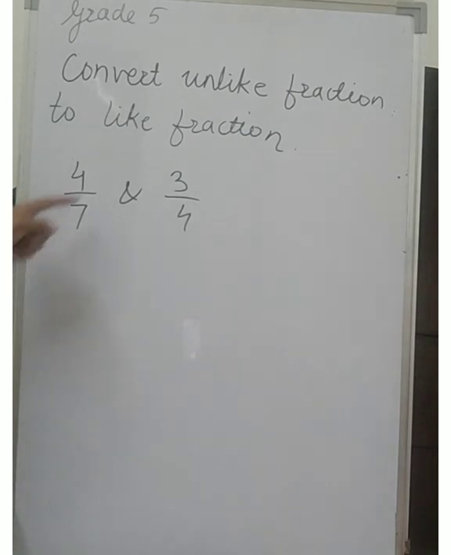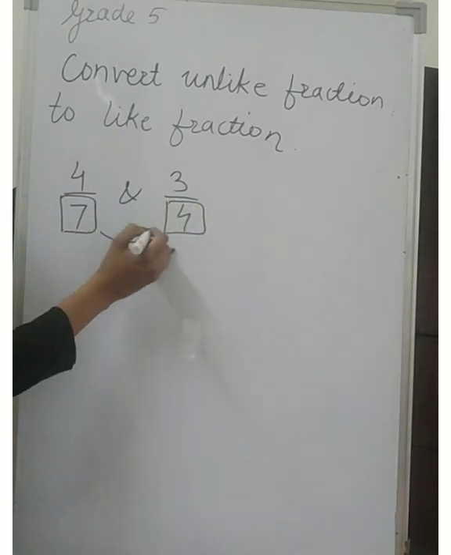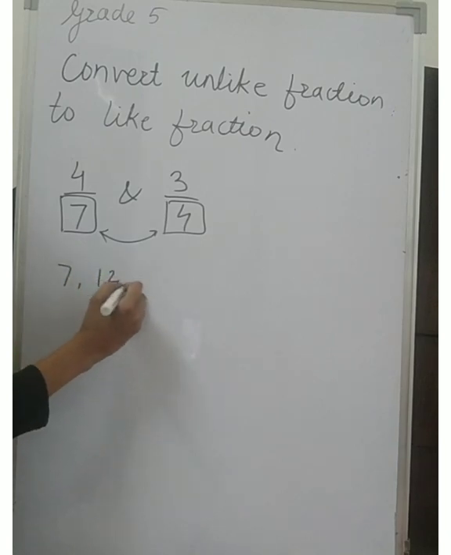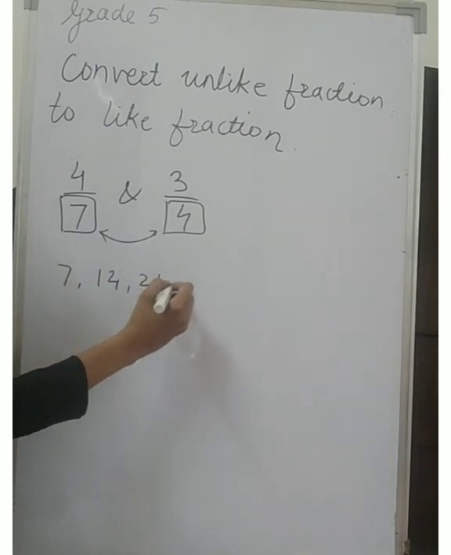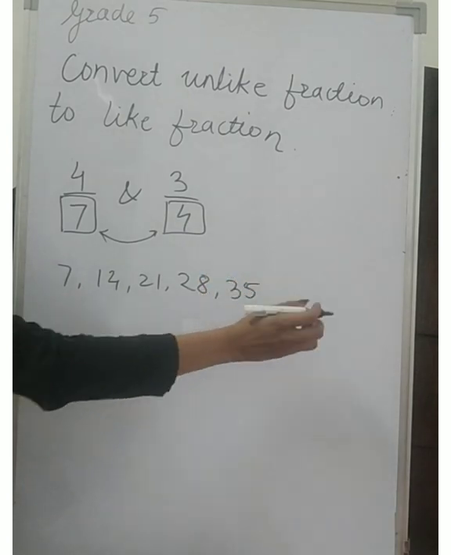4 upon 7 and 3 upon 4. Okay. So this is 7 and this is 4. We need to find the common multiple of 7 and 4 as the denominator of the new numbers. So let's do it. 7, 14, 21, 28, 35 and so on.